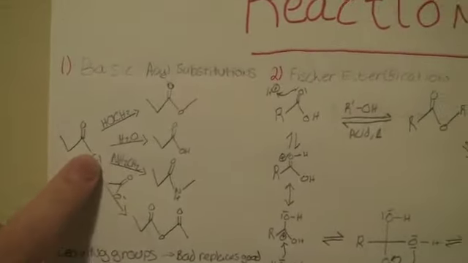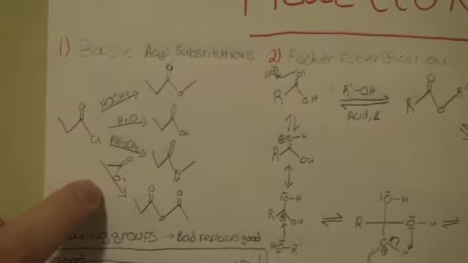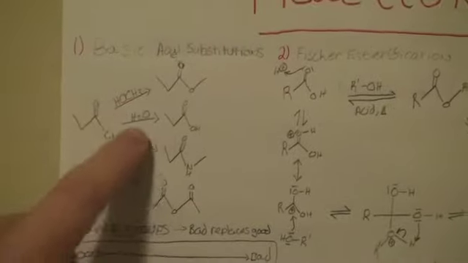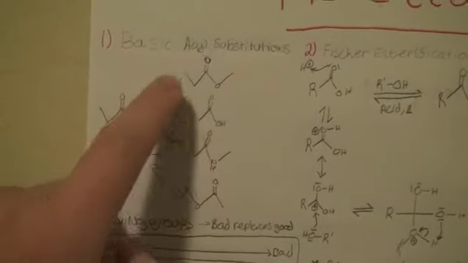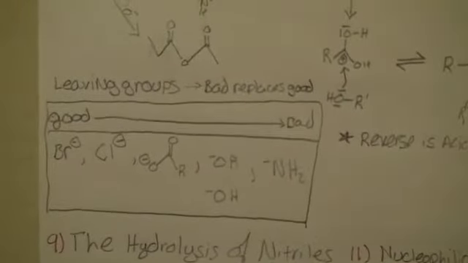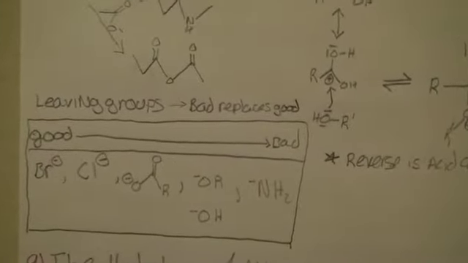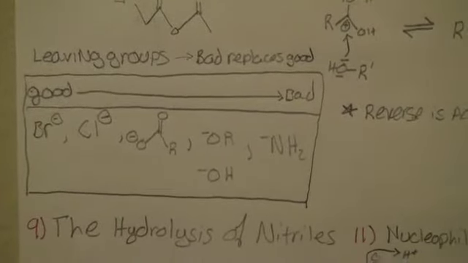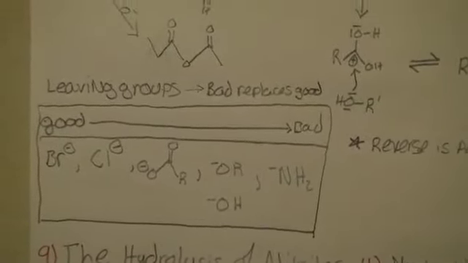So in this case, chlorine is the better leaving group than all of these nucleophiles, and so you just sort of clip it on. A good rule of thumb is bad leaving groups replace good leaving groups. And here you can pause it right now as just a regression of how that works.